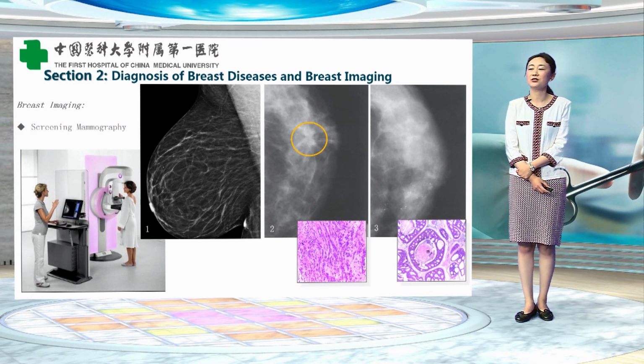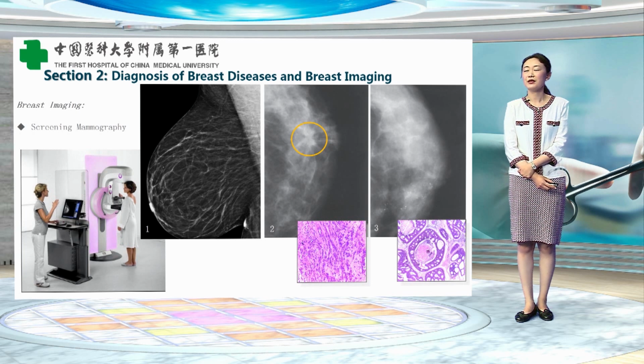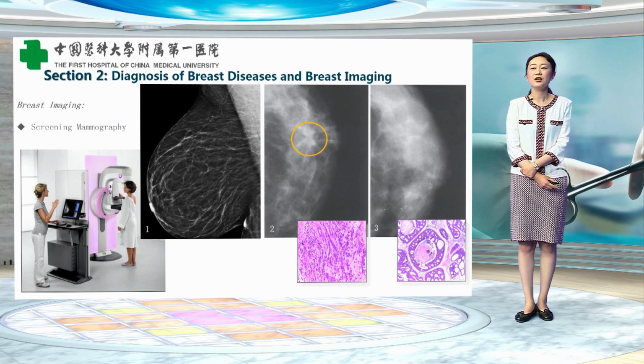Figure 3 showed clustered microcalcifications. We can see the fine pleomorphic and linear calcification clustered together, which suggests the diagnosis of ductal carcinoma in situ, and then was proved by pathologic diagnosis.